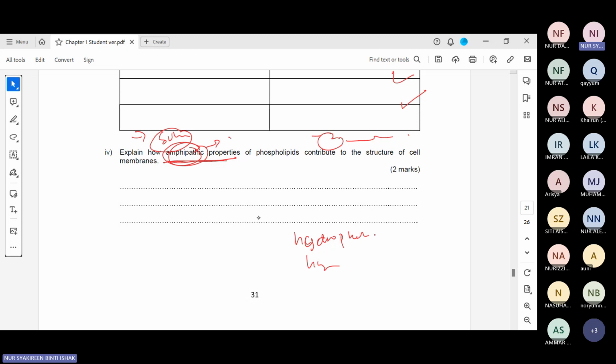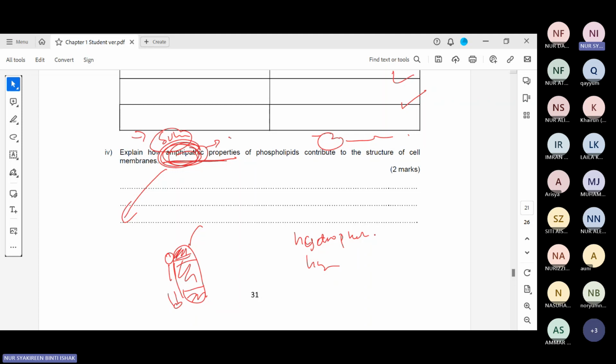Phospholipid has hydrophilic heads and hydrophobic tails. That is amphipathic. It is the same with proteins embedded in the plasma membrane; these proteins also have hydrophilic and hydrophobic regions. Don't confuse amphipathic with amphoteric. An amphoteric molecule can be both base and acid, but amphipathic means it has both hydrophilic and hydrophobic regions.